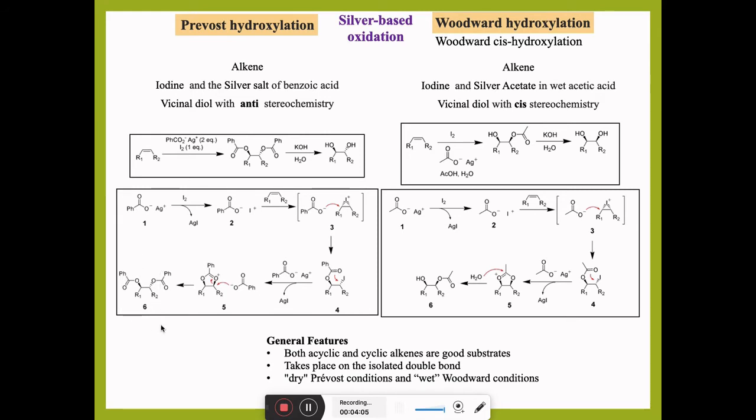Now this particular molecule when we carry out basic hydrolysis, it will give you diol. So you can see that as this acid molecule is attacking from the back side to the carbon, the stereochemistry of this bond and the bond which is formed due to this attack are on the opposite side. So that's why the stereochemistry is anti.